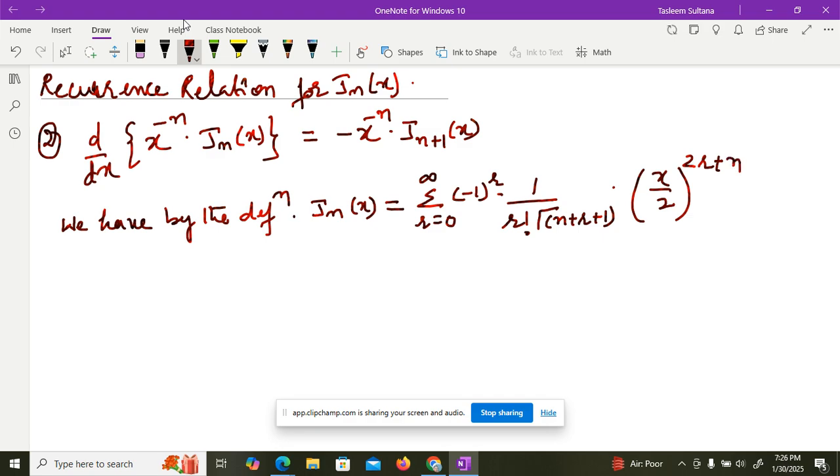Now we will consider LHS and show it is equal to RHS. So we consider LHS, that is d by dx of x to the power of minus n into J n of x. Now what will we do?